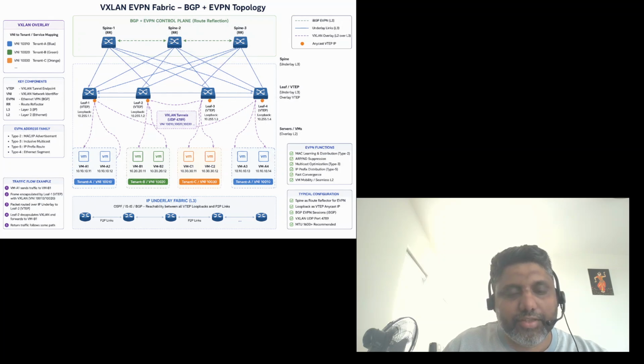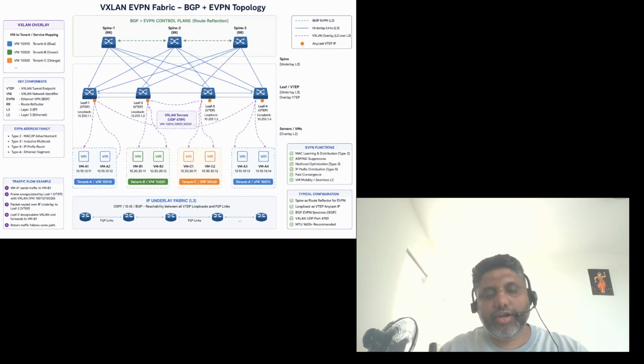Now the IP routing between spine and leaf is already established using IBGP, right? They know how to reach from VTEP leaf 1 to VTEP leaf 2. Once the packet arrives at VTEP leaf 2, it will decapsulate the VXLAN header and send the packet to VM B1, for example 10.20.20.11.